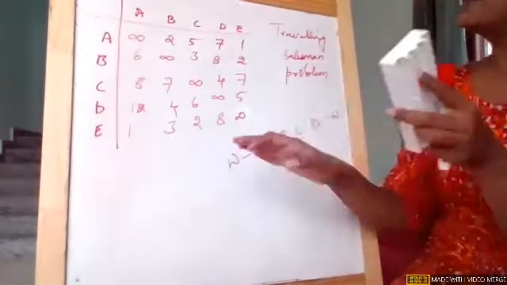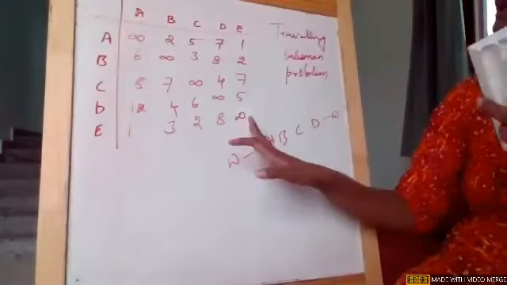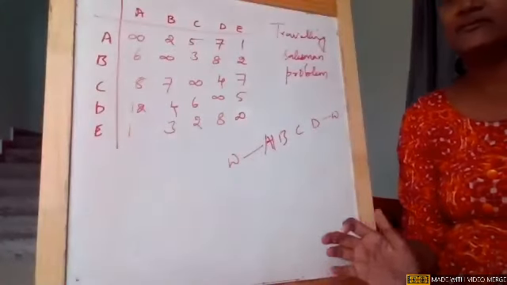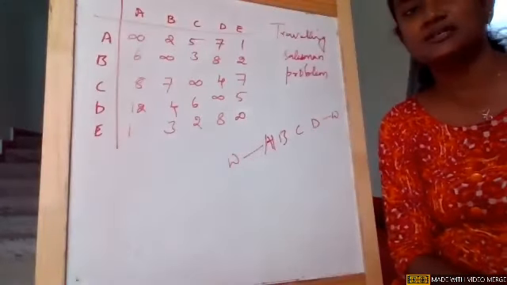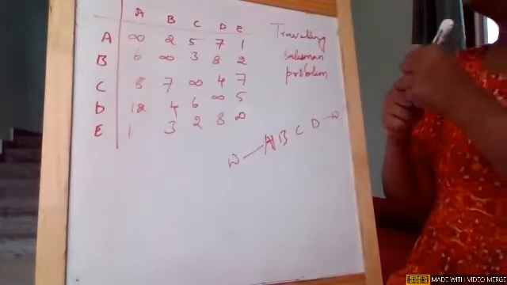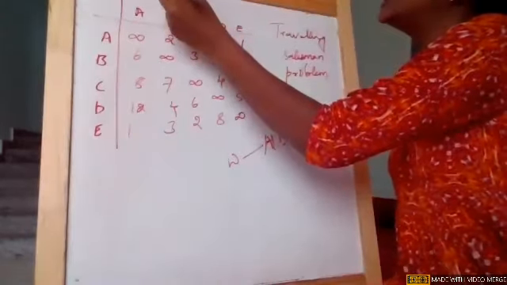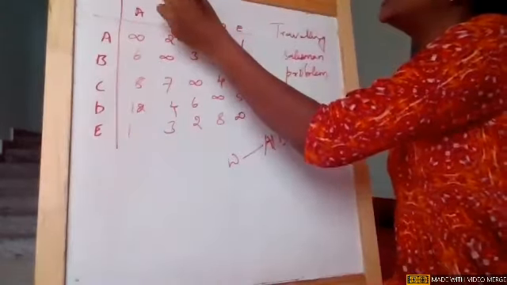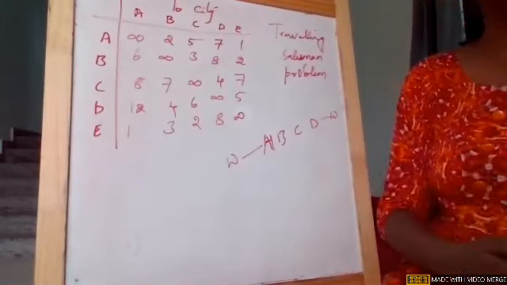So a traveling salesman problem matrix looks like this, girls. It is very easy to identify whether it is an assignment problem or a transportation problem. Till now, row-wise and column-wise, we saw different values.